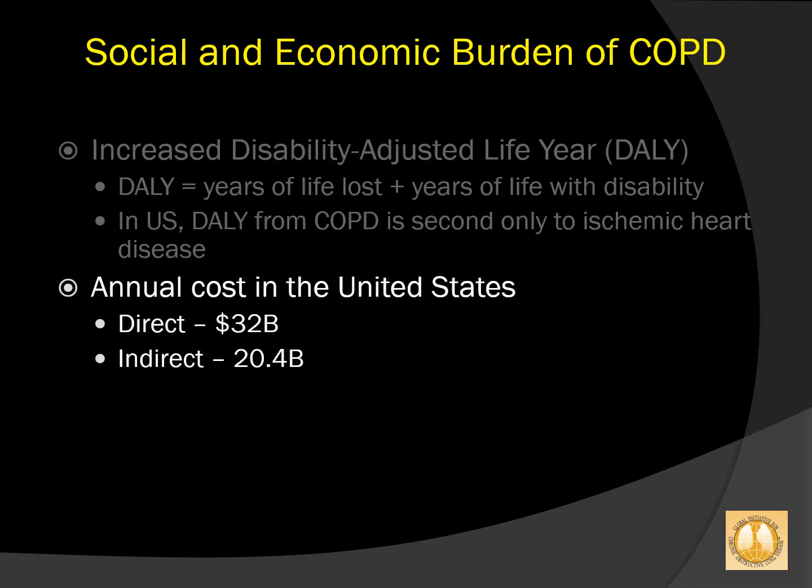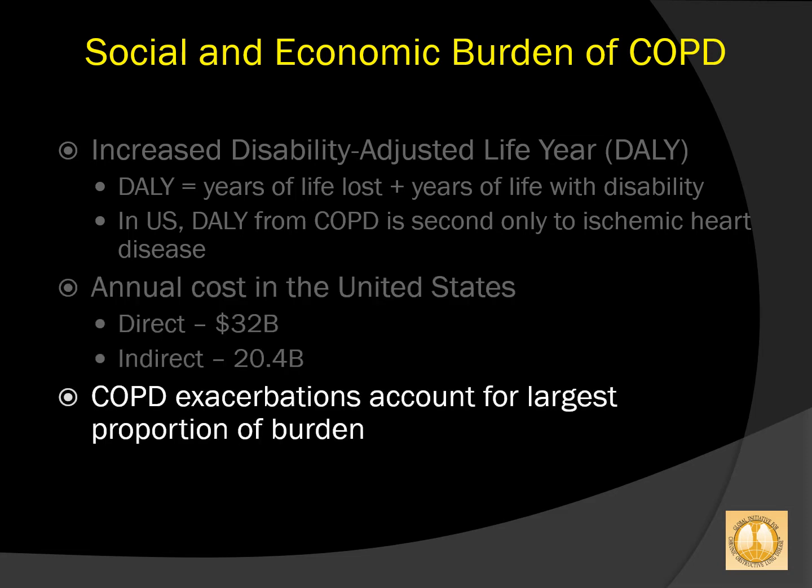Annual cost in the U.S. is $32 billion direct, and there's an additional $20 billion of indirect cost, such as lost productivity at work. COPD exacerbations account for the largest proportion of the burden of COPD on our society from a financial standpoint. These patients go into the hospital regularly and use a lot of resources.